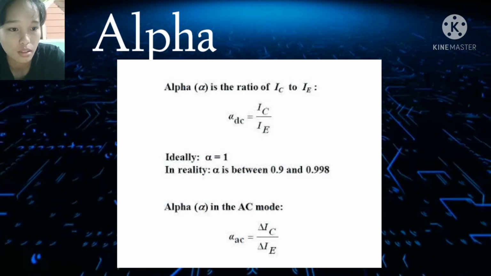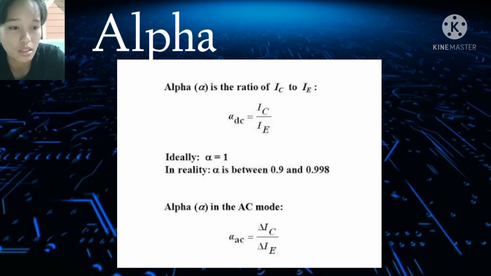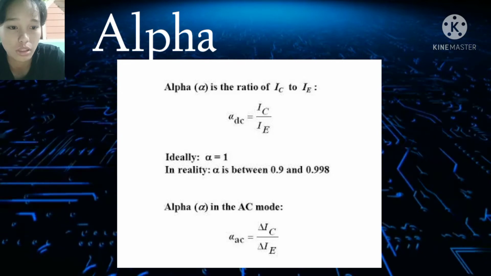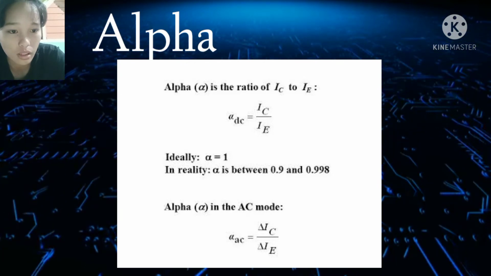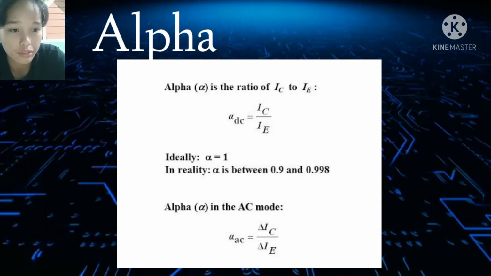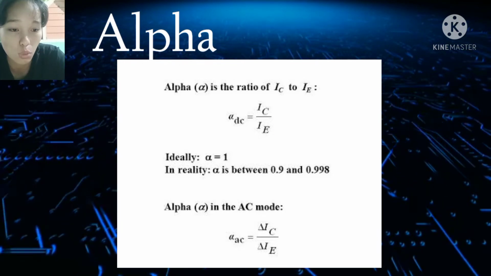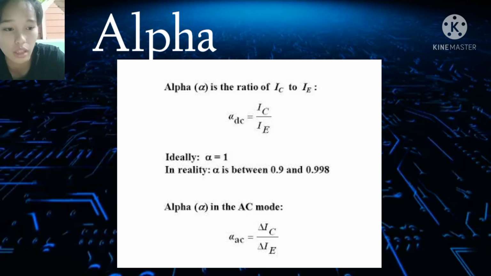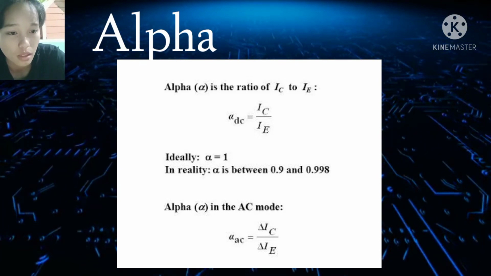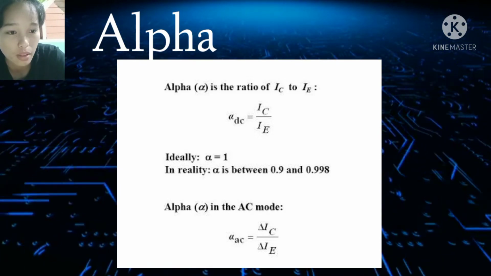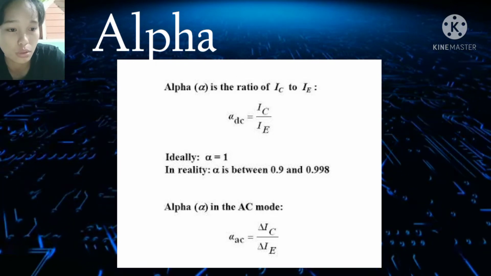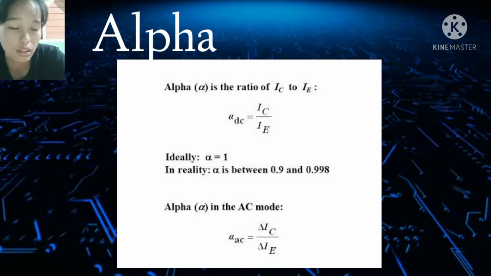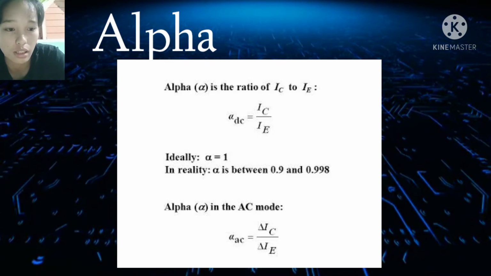So our alpha for DC is equal to the collector current divided by the emitter current. Ideally alpha is 1, but in reality alpha is between 0.9 and 0.998. Our alpha for AC mode is equal to the change in collector current divided by the change in emitter current.